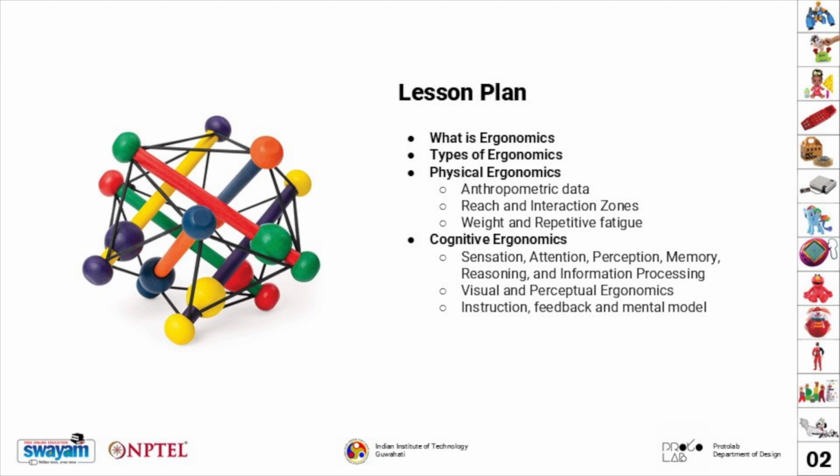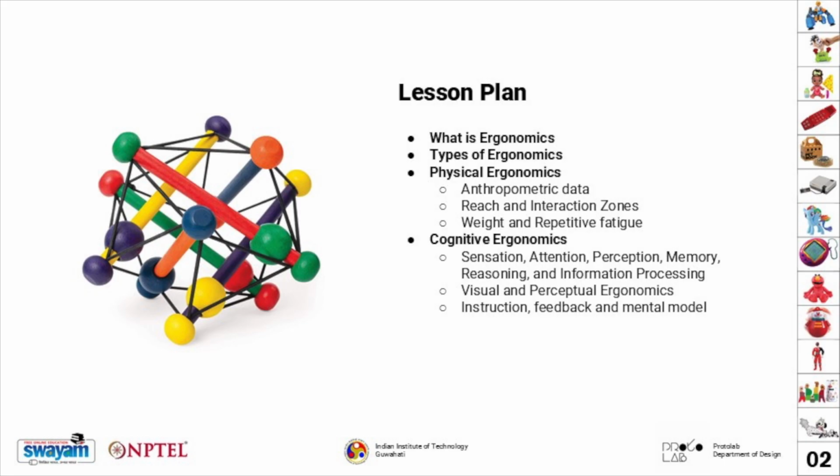After that, we will move into cognitive ergonomics. We will follow the full processing chain: sensation, attention, perception, memory, and reasoning, and see how information processing affects interaction.